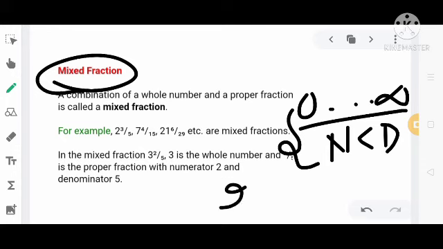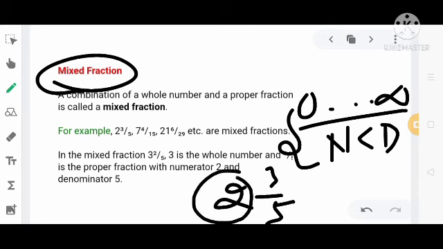Suppose you have written down 2 3 by 5. One is whole number 2 and one is proper fraction 3 by 5. Then this combination will represent a mixed fraction. If anyone asks you about the mixed fraction, clearly say that it is a combination of whole number and the proper fraction.